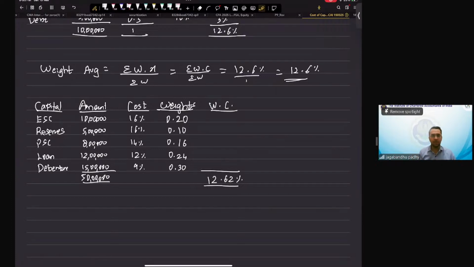Now the next step is, sir, how did you calculate this individual cost of capital, like 16%, 14%, 12%, 9%? How did you calculate this?